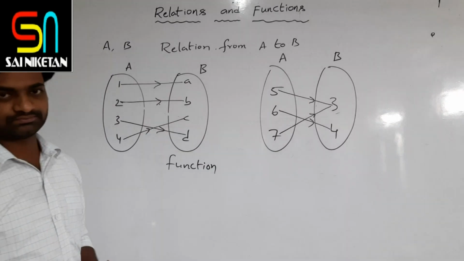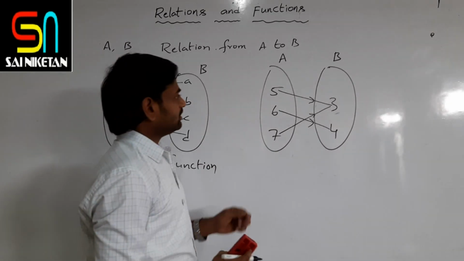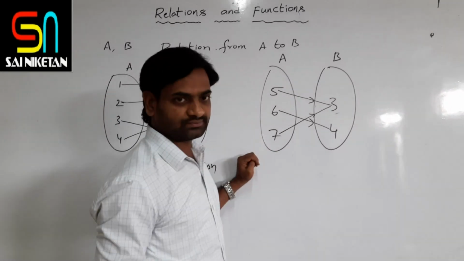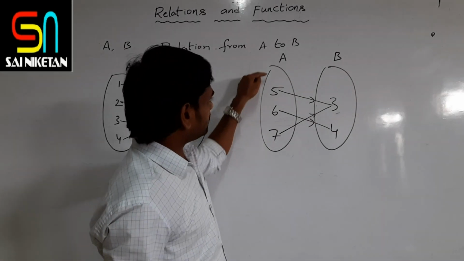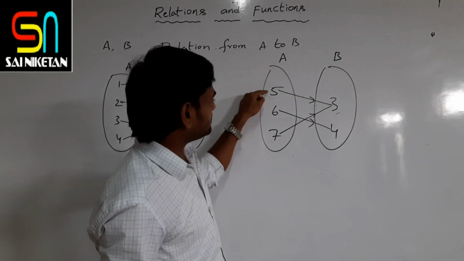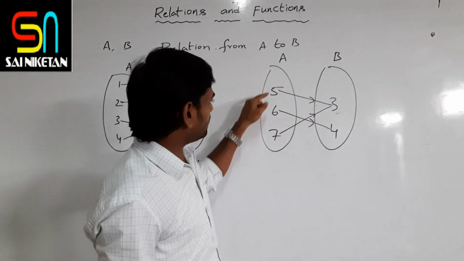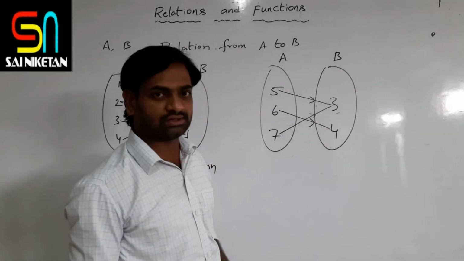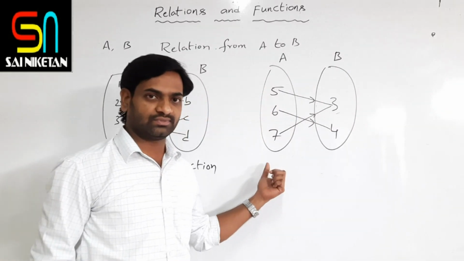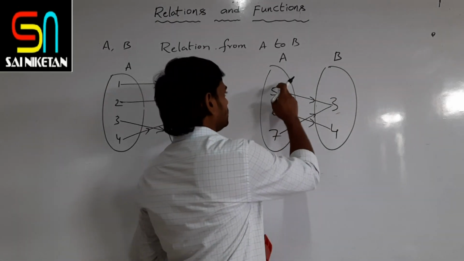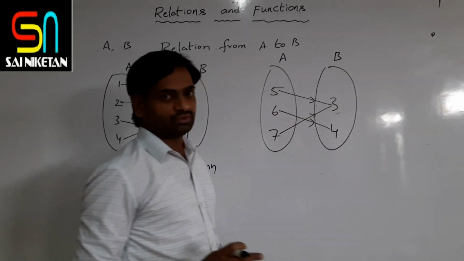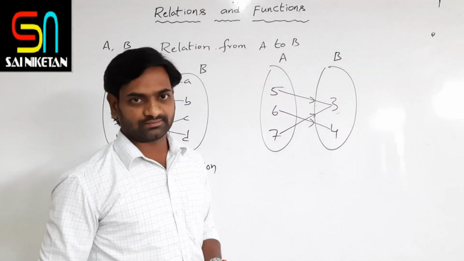Now see, is the relation a function or not? First you have to check in the set A whether every element is in the mapping or not. So every element 5, 6, 7, all the elements are in the mapping. Now, do these elements have one mapping or not?